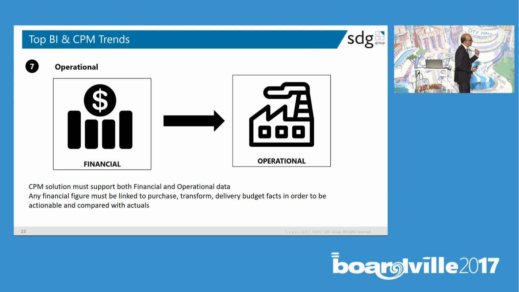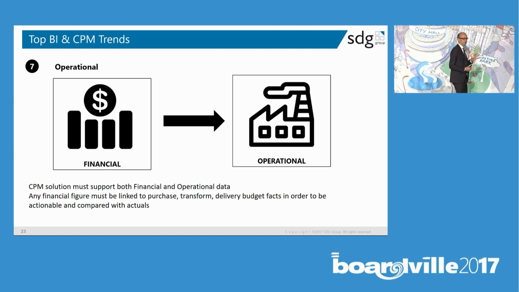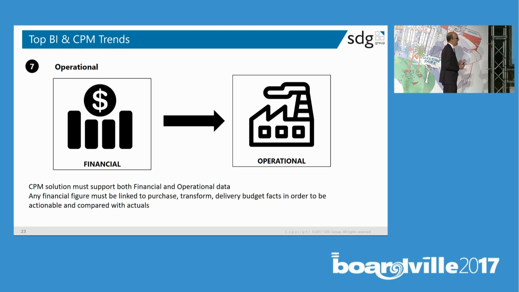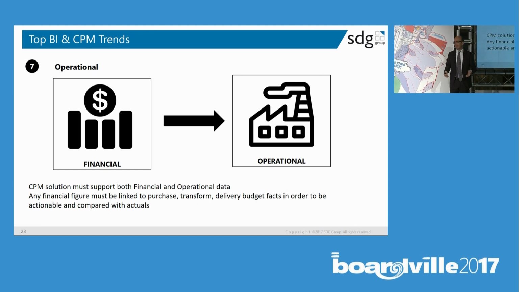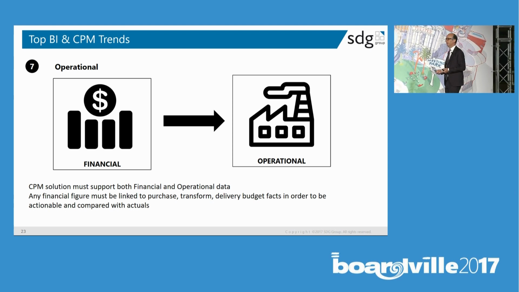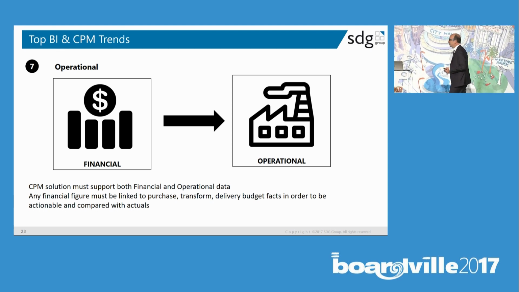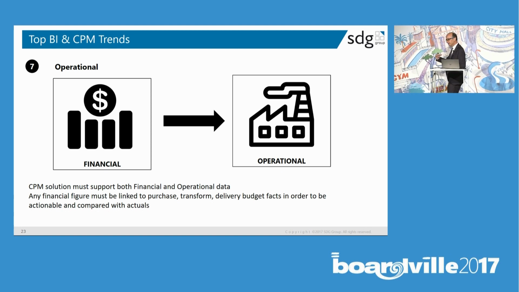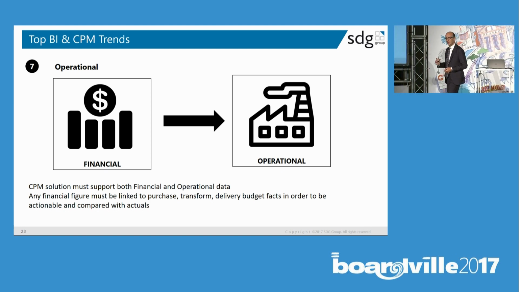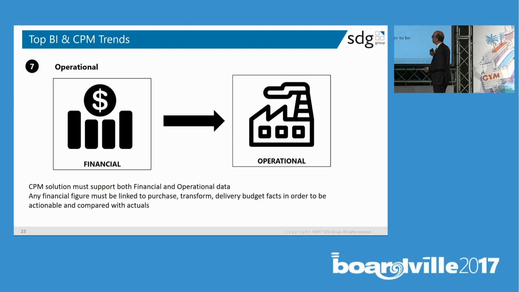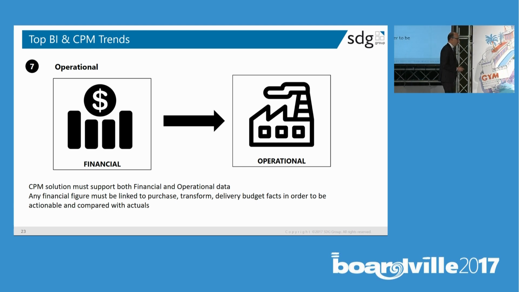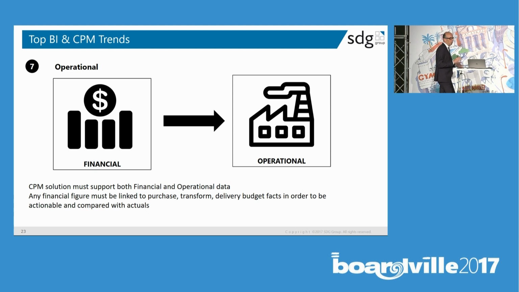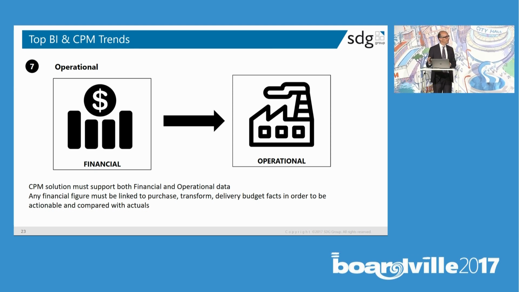Point 7 refers to CPM, not to BI. We have seen a lot of P&L in these 3 days. But the P&L just has to condense the data that are coming from operational budgeting and operational planning. So the CPM solution must support in the same environment both financial and operational data.